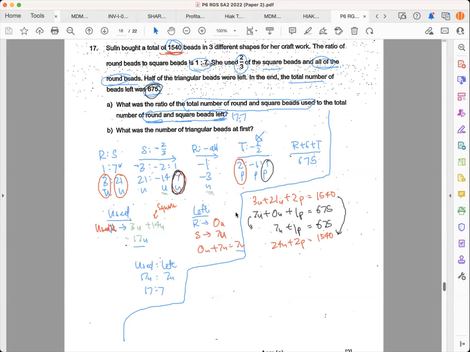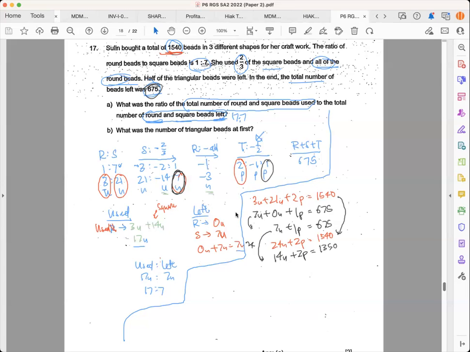So this is a simultaneous equation. I shall make my parts the same. So I multiply by 2. I get 14u plus 2 parts is equal to 1350. Now that my parts are the same, I can subtract the 2 statements.